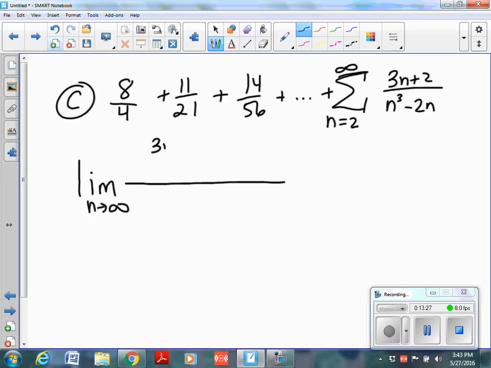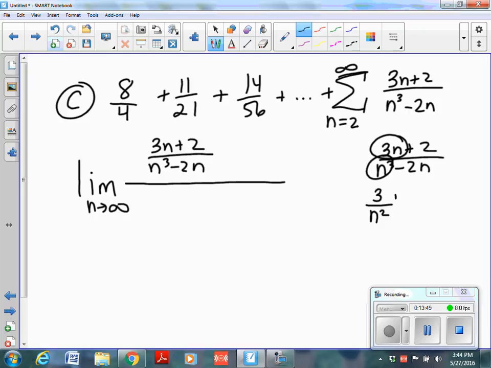I'm going to put the original on the top, and the more basic problem on the bottom. What's the more basic problem? Take the highest power in the denominator and divide it by the highest power in the numerator, which ends up being just 3 over n squared. You can either use 3 over n squared. I think the book uses 1 over n squared. That's even more basic than 3.